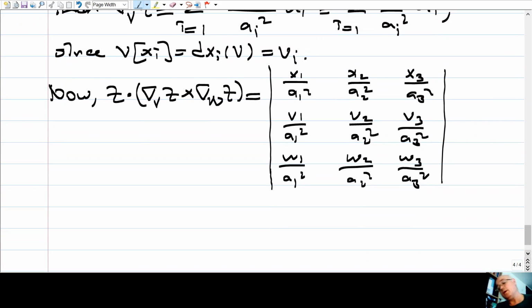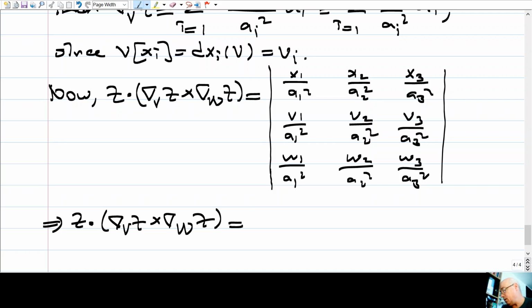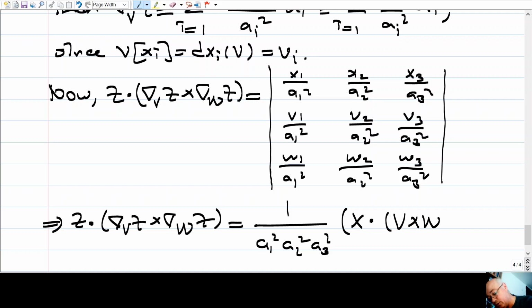Okay, so what is this? If you compute this, you will get 1 over, so here from the first row I can take a1 squared out, from the second row I took 1 over a2 squared out, and from the third column I take 1 over a3 out, and then the remaining terms are this, so I can write it like this: x times v cross w.